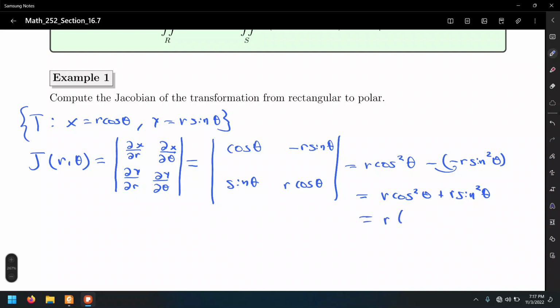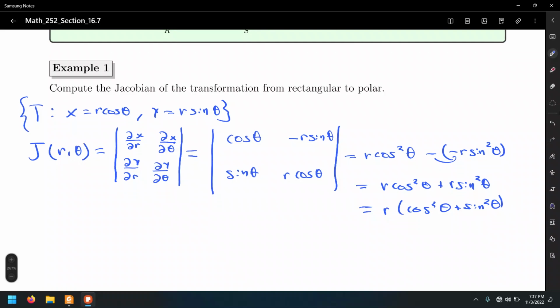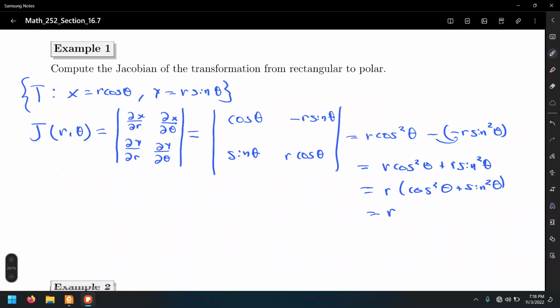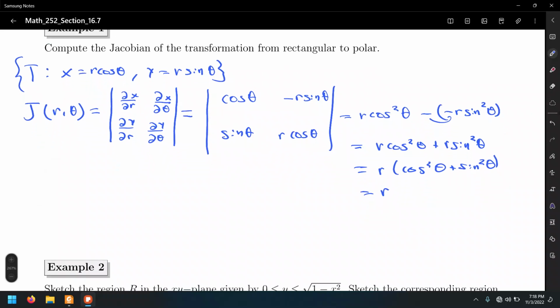Factor out the r: cosine squared plus sine squared. This is a very well-known identity, which is just 1, times r, that's simply r. And that's where the correction factor to go from dy dx to dr d theta is coming from. So that's another way to derive this using the Jacobian determinant.